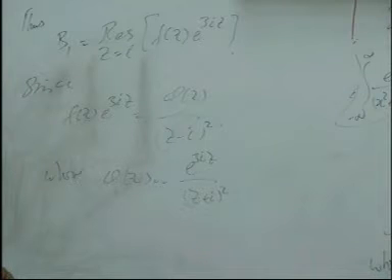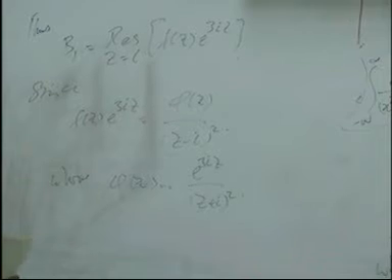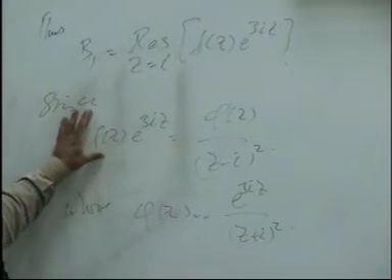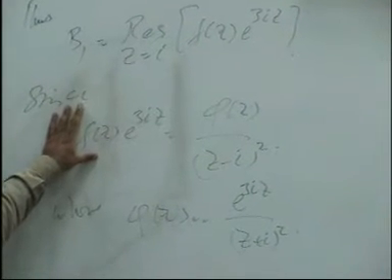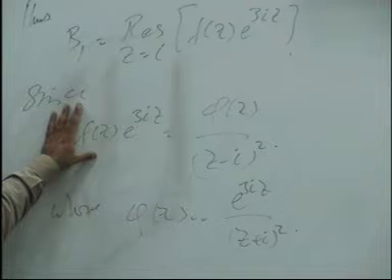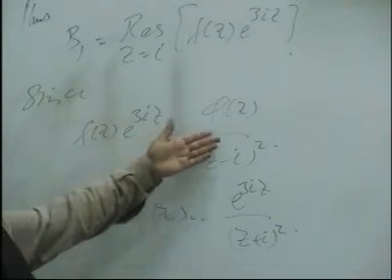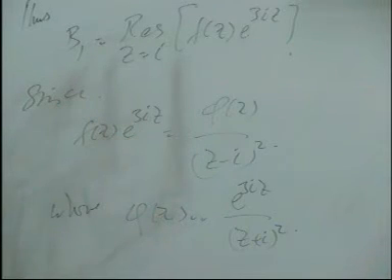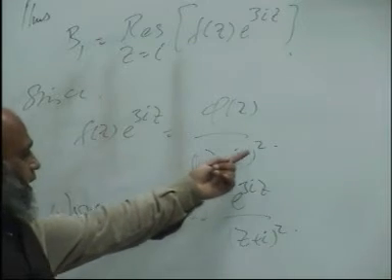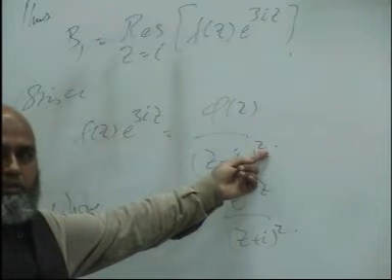We are using the theorem discussed in the previous chapter, that whenever we have a function with poles, we can write it this way. So here m is equal to 2.